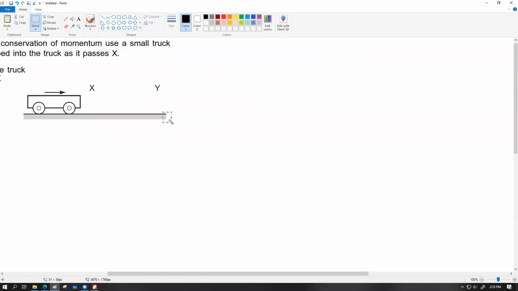Should the sand get stuck to the surface or what? It won't be stuck there. Did you guys get my question?